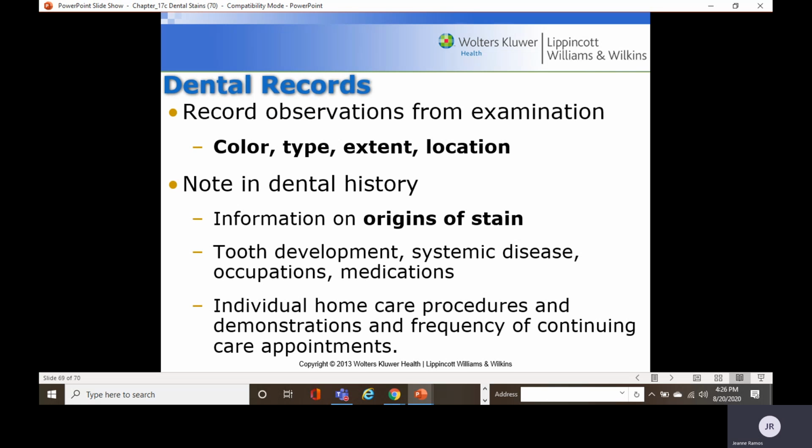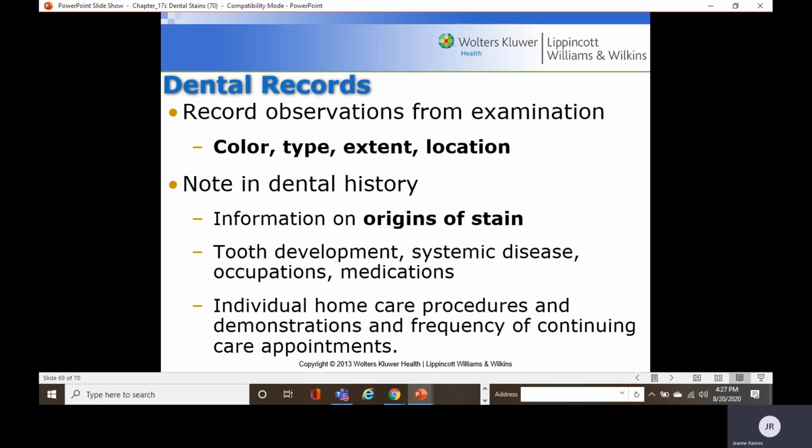So for the dental records, you want to record observations from your examination. Anything that you see, you want to note the color, type, extent, and location. Information on the origins of the stain may be noted in their dental history: tooth development, some kind of systemic disease, maybe their occupation with dusts and everything could be the cause.